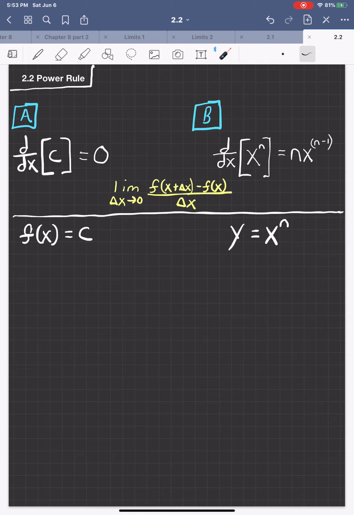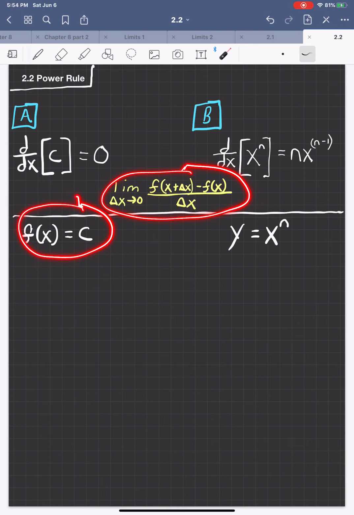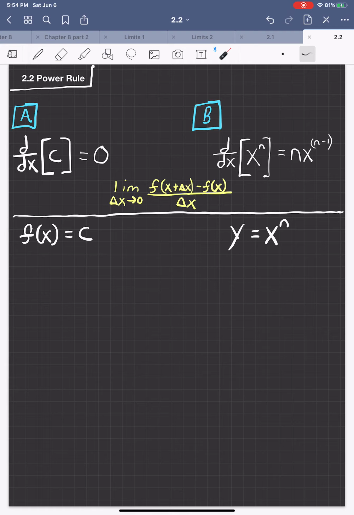But what I'm going to do is show you how, if you were to try to apply the limit definition to this function, you would get 0 no matter what constant you choose, right? So a constant meaning like 3, any number, pi, any constant that you choose, the derivative of that constant would be 0. The proof of this is fairly simple.